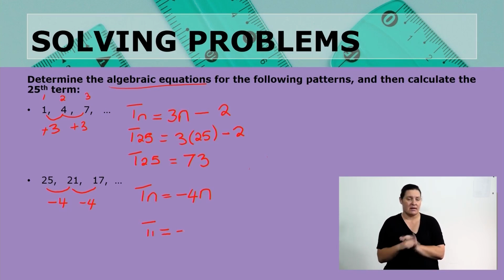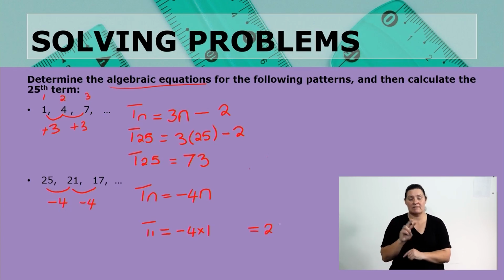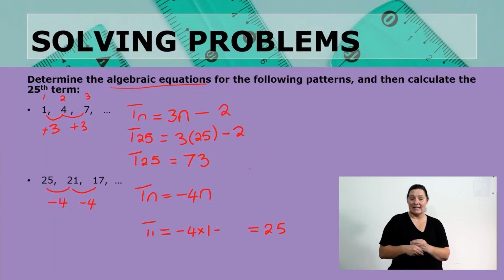And we are going to say negative 4 multiplied by 1, which gives us a negative 4. But now remember, we need to get to 25, which is our first term. So from negative 4, how much must we add or subtract to get to 25? Do you have the answer? If you have adding 29, then you are absolutely correct.